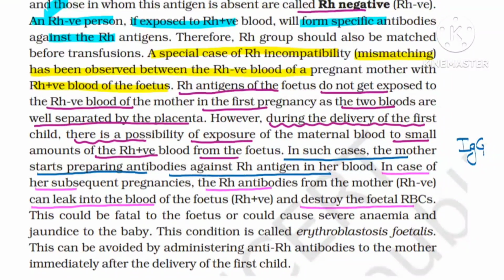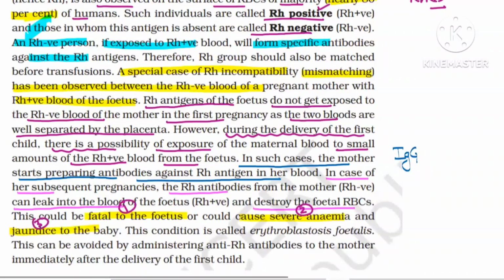As a result, it might be fatal to the fetus, or it might cause severe anemia, or it might cause jaundice. So three problems can be there. And this condition is known as erythroblastosis fetalis.